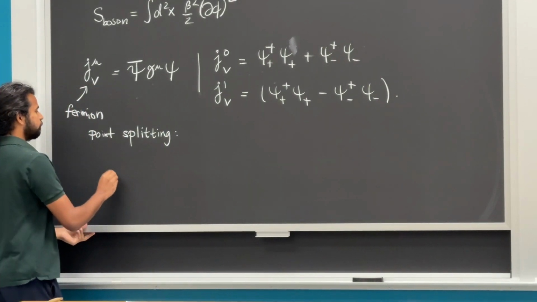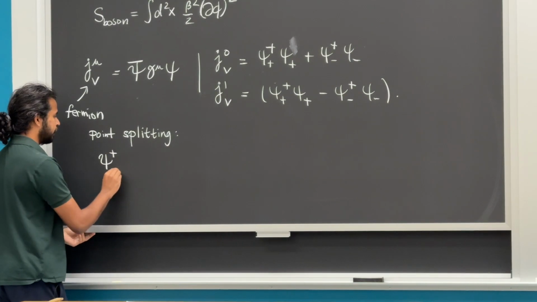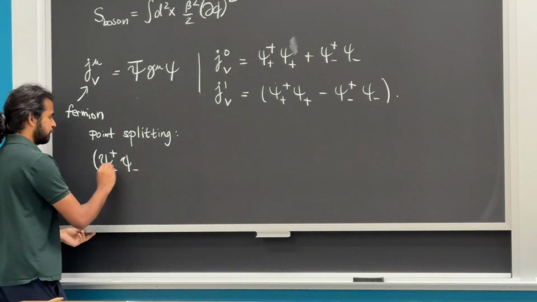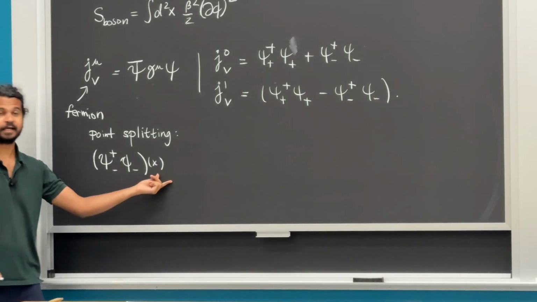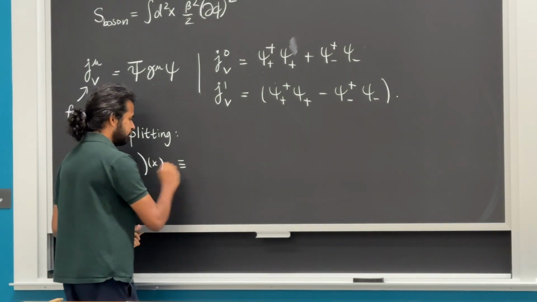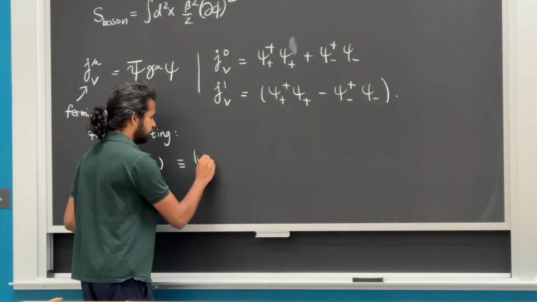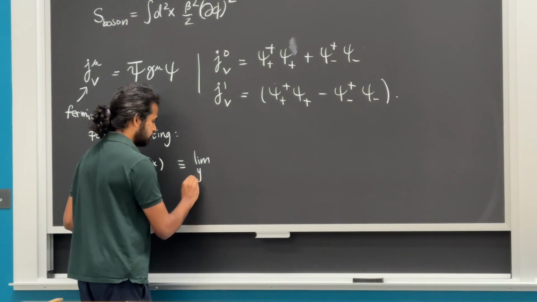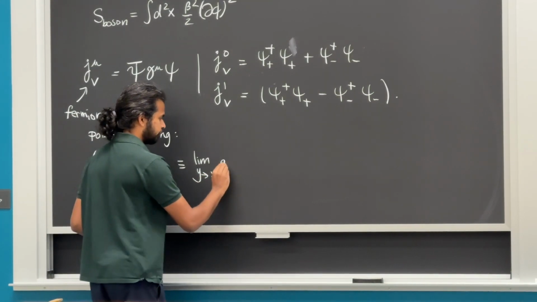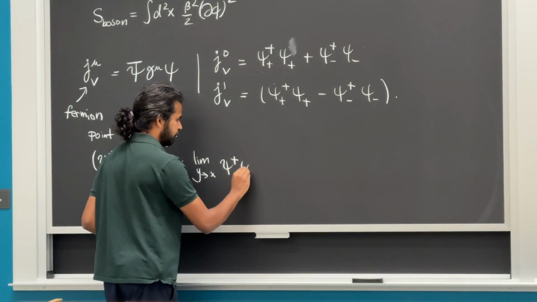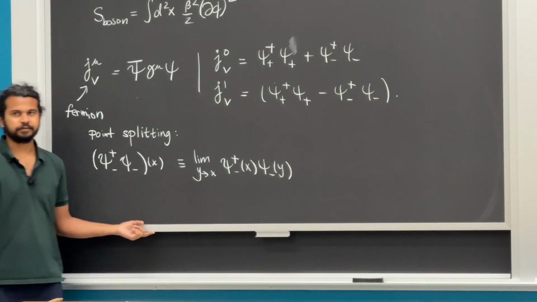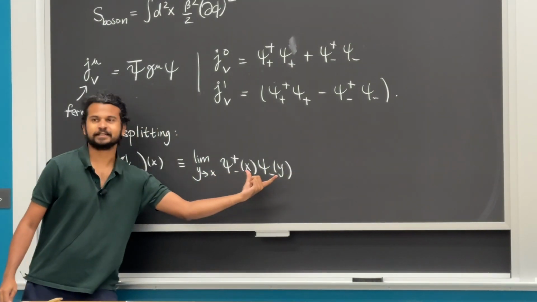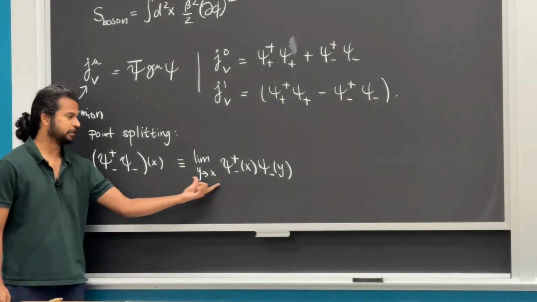So we will define, for example, psi dagger minus, psi minus, both evaluated at x. This is a composite operator evaluated at x, and we will define it to be the limit y going to x. We will define it by splitting the point and taking the limit at the end.